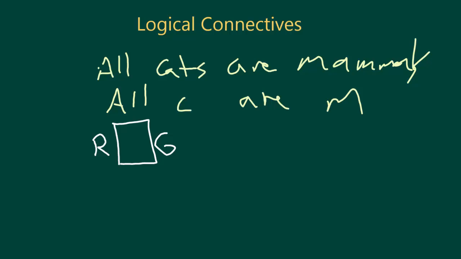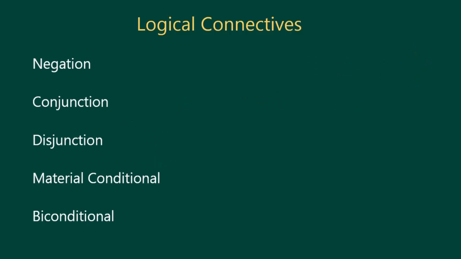In order to represent the various types of relations, instead of leaving the words, we introduce logical connectives. So let's talk about the various logical connectives that are standardly given in propositional logic.